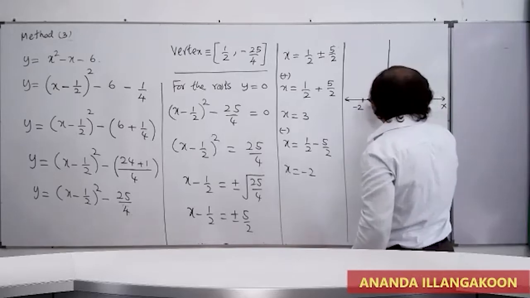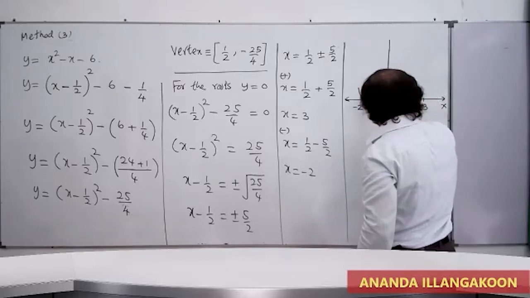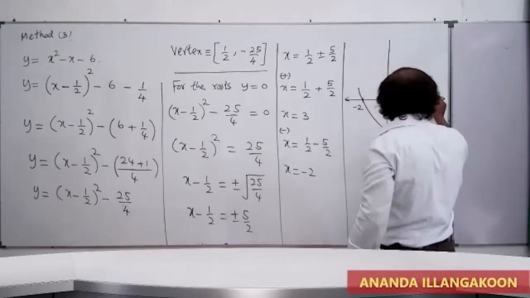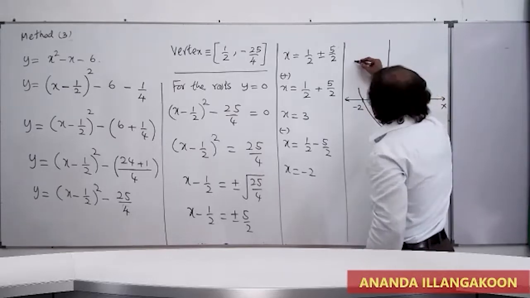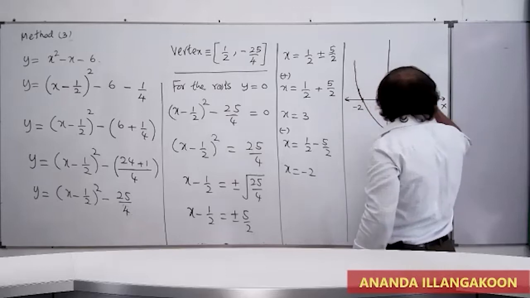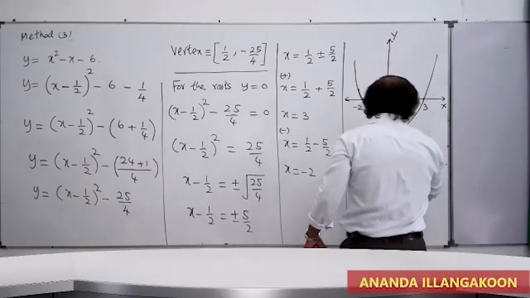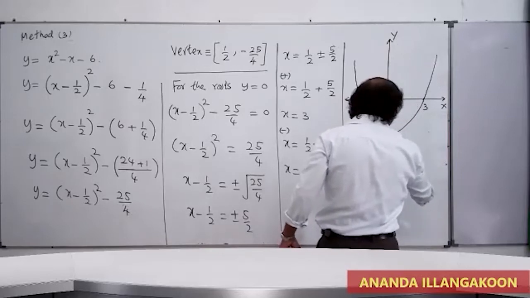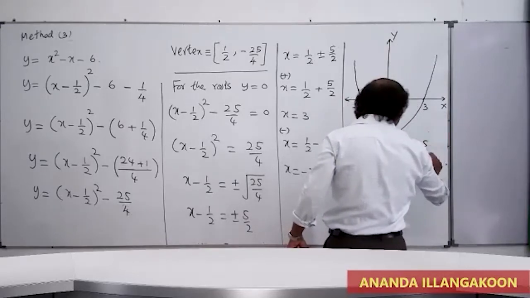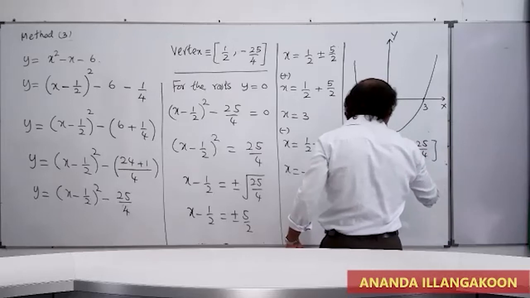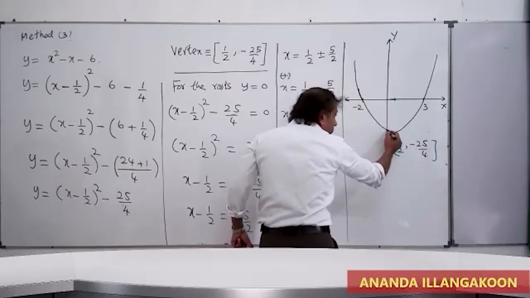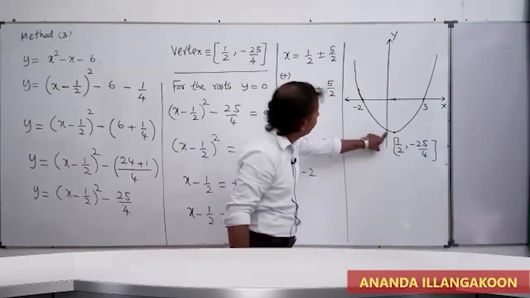So now we can draw the graph. Rough sketch of the graph is this. This is y, this is x. So at this point, people, we get half, minus 25 by 4. Minus 25 by 4 means minus 6.25. People, if you need to find this point, how to find it?